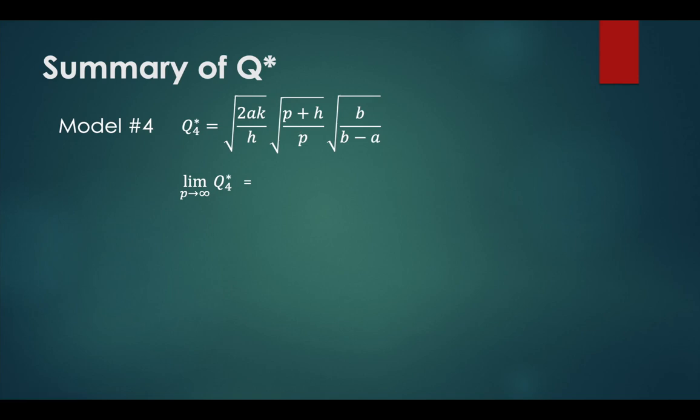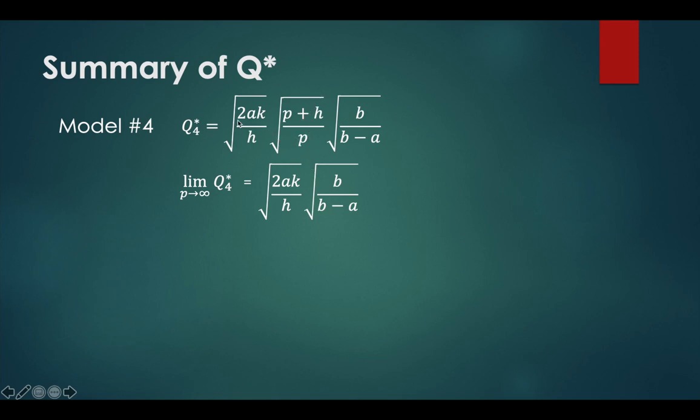The limit of Q4 star as P approaches infinity becomes this. Why? Because of L'Hopital's rule. Remember, if your limit as P approaches infinity makes your expression infinity over infinity, all you have to do is get the derivative of the top and the derivative of the bottom separately, which will give us 1 over 1, which gives us the square root of 1, which eventually is just equal to 1.